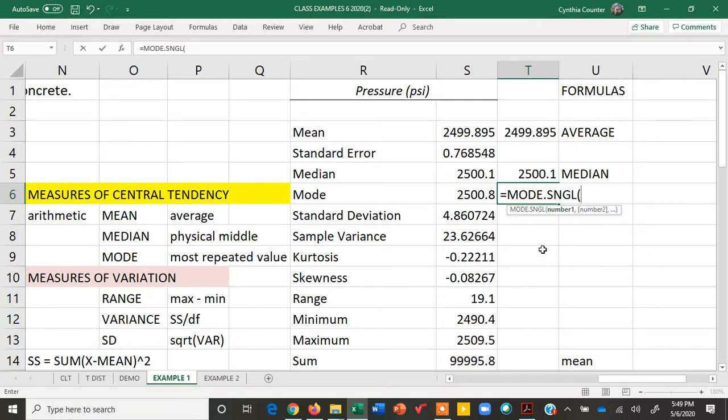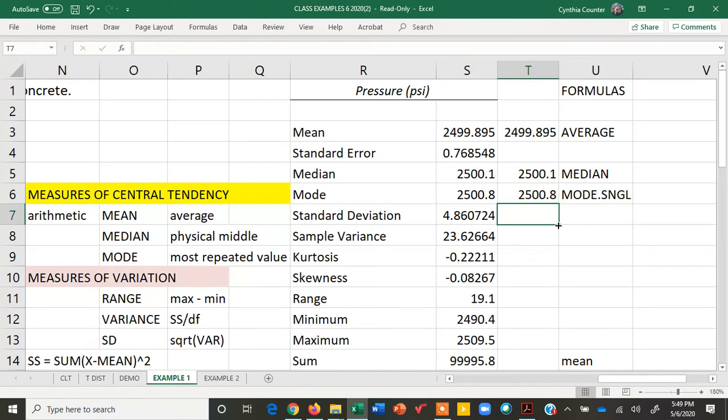So if I type in A1 colon A41, it would give me the exact same output here. So mode single only gives you the first one.